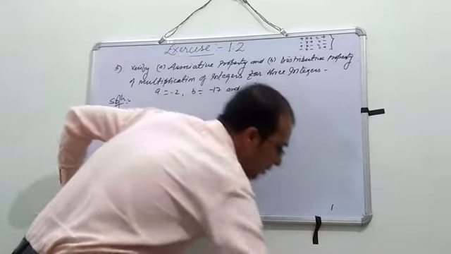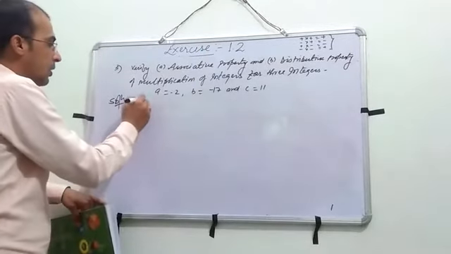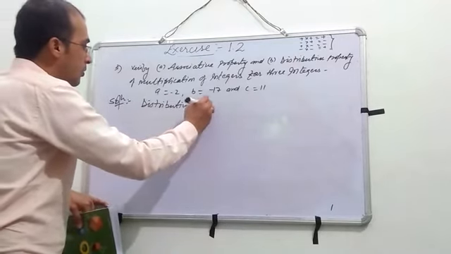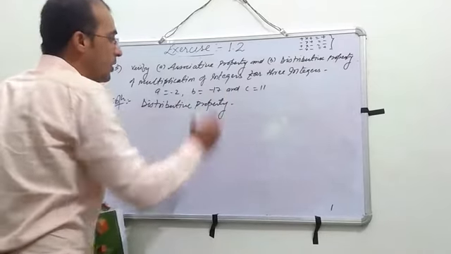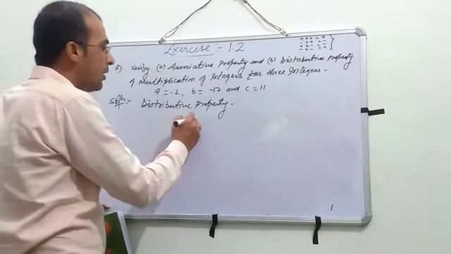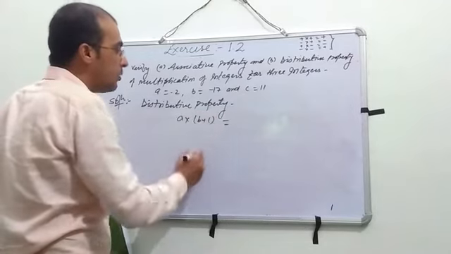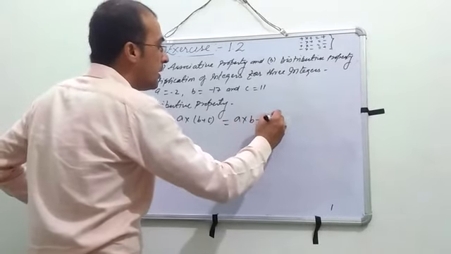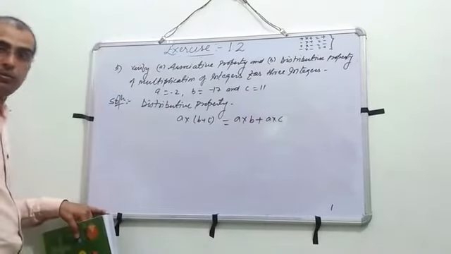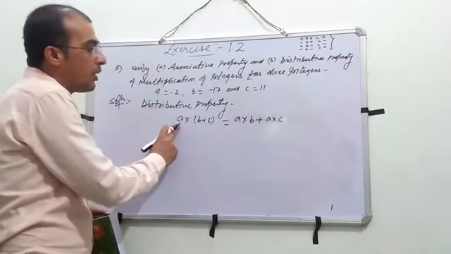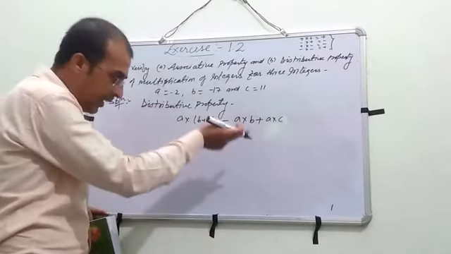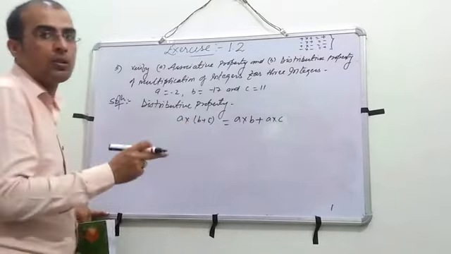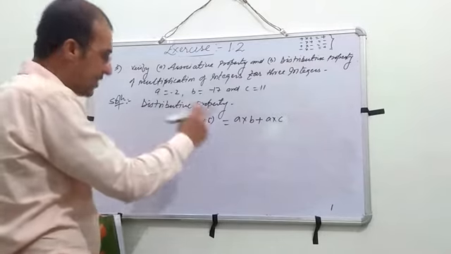Since we know that the distributive property is A into (B plus C) equal to A into B plus A into C. We know that distributive property for multiplication over addition, not subtraction here, because the addition is given in the book. That's why I am taking it here over addition.